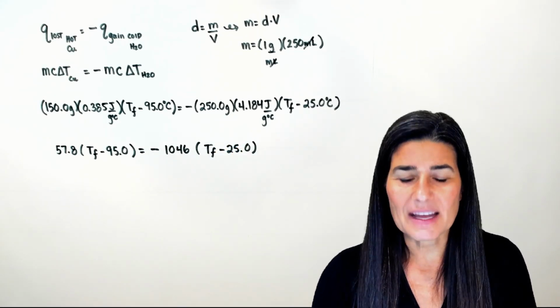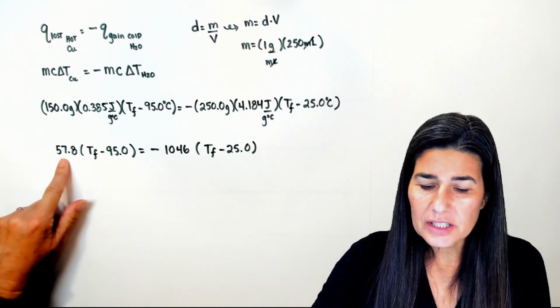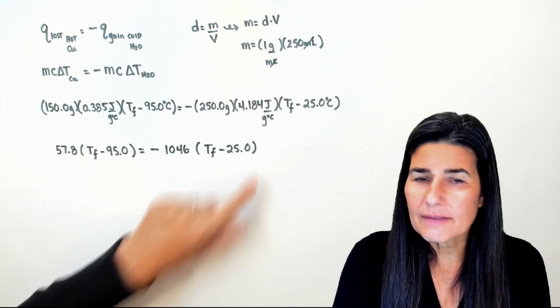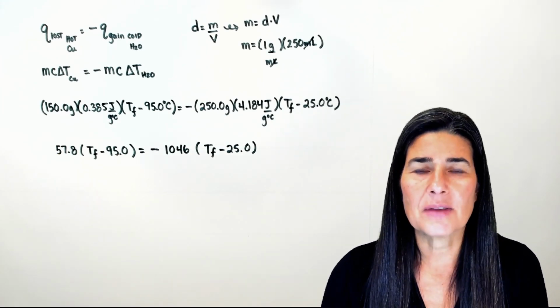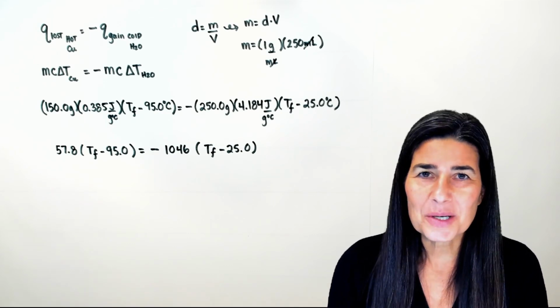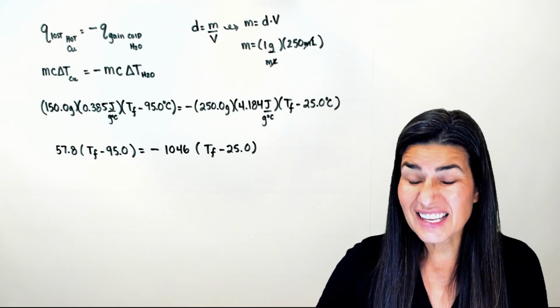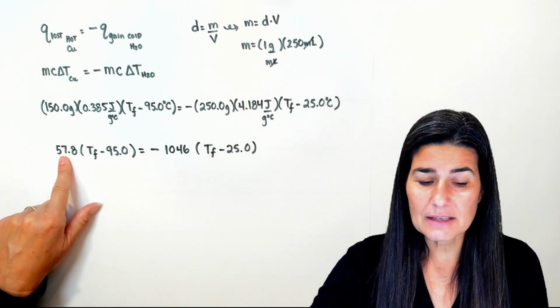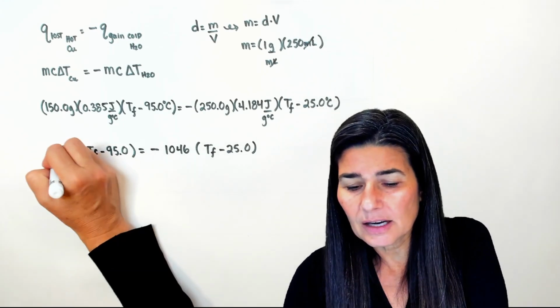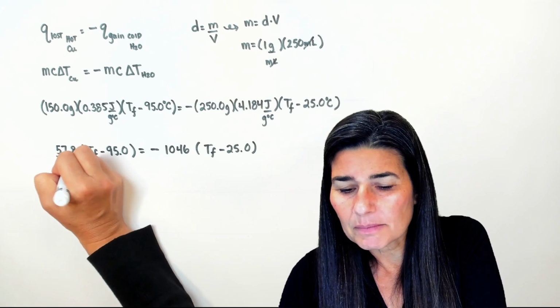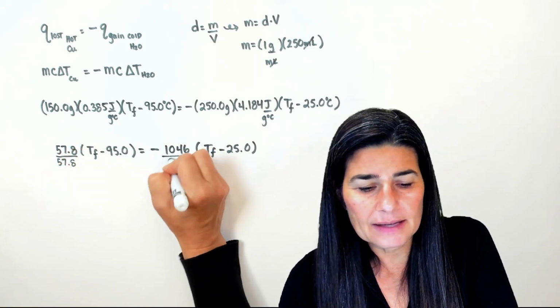Okay, next step. You could distribute both sides of the equation. You can absolutely do that. I think the numbers turn out a little prettier and it's a little less work if instead of distributing both sides, I divide both sides by 57.8 right away.